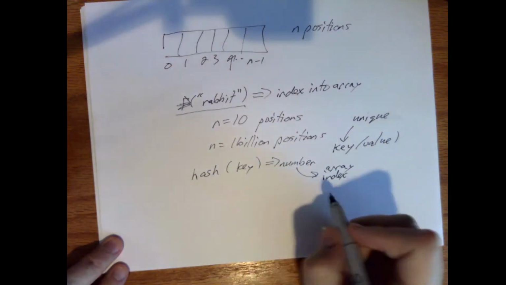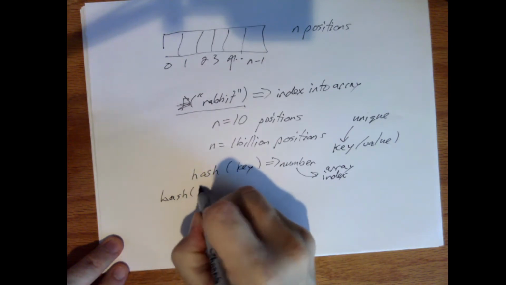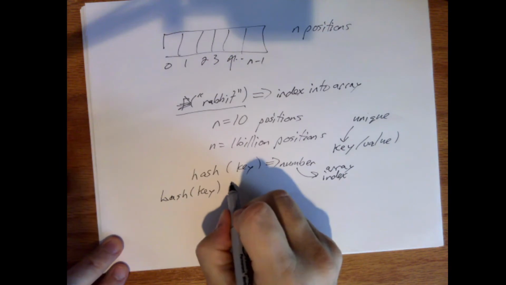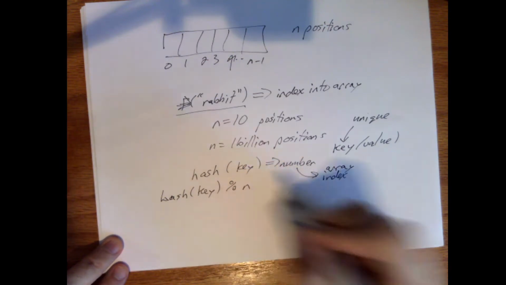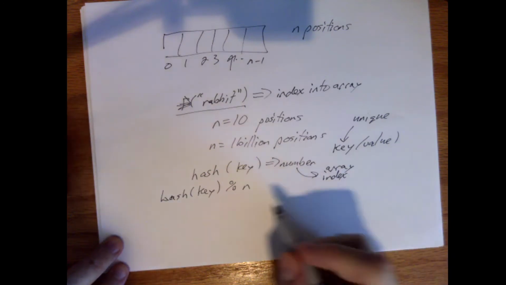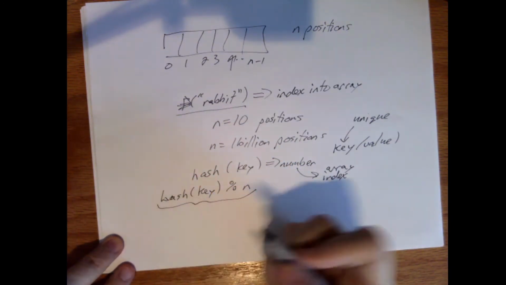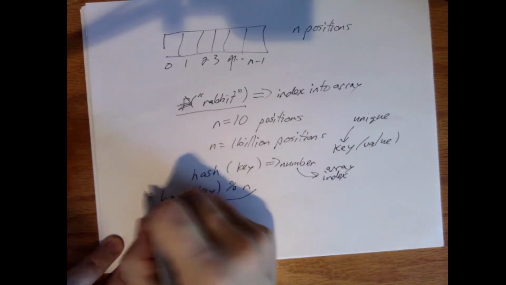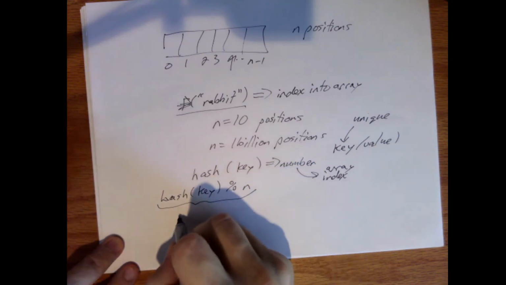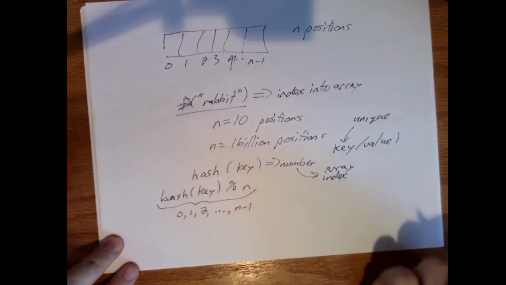Well, I take my number, hash of my key, whatever the value is, and we apply mod n to it, where n is the number of array elements, which forces integers, and if we deal with the negatives, we can deal with that as well. But this would generate integers in the range of 0, 1, 2, dot, dot, dot, n minus 1.